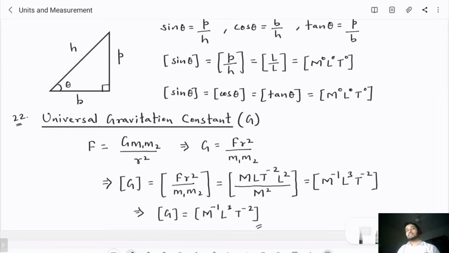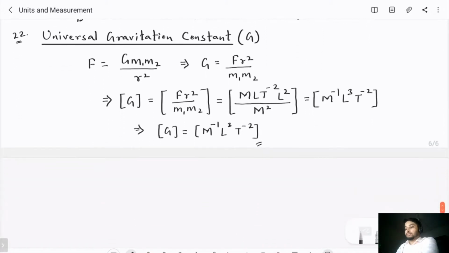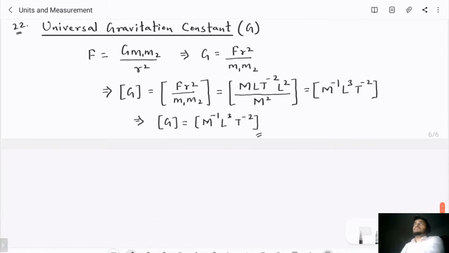Now similarly, we can find the dimensional formula for another physical quantity called Coulomb's constant. Coulomb's constant comes in the electrostatic force formula that you will be studying in 12th standard.